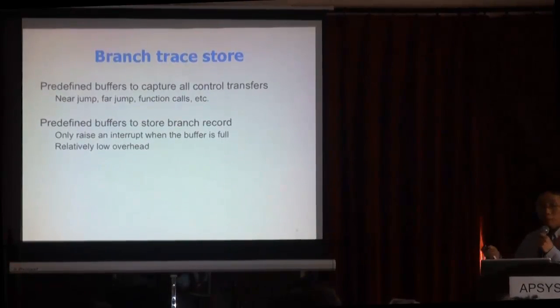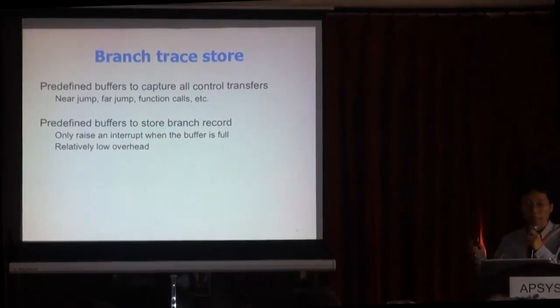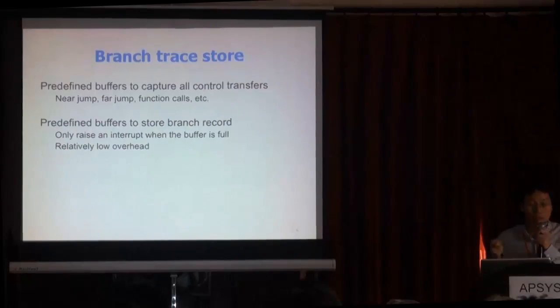The cool thing about branch trace store is that it has predefined buffers to capture all control transfers, such as near jumps, far jumps, and function calls. So we could have the complete control flow of our program.